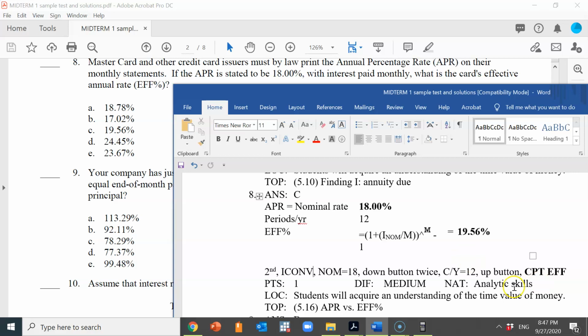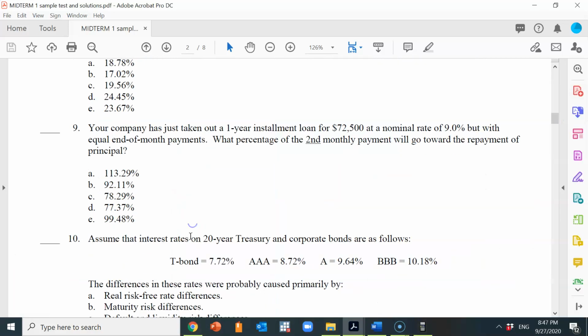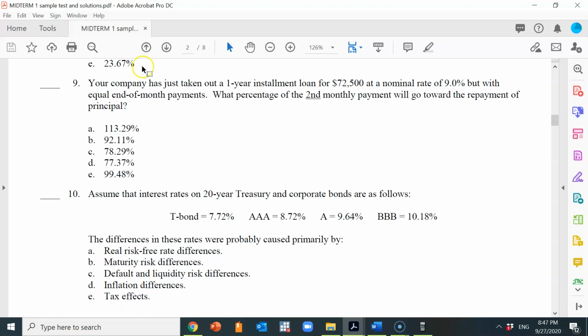There are 2 ways to solve for this question. Number 9: your company has just taken out a 1-year installment loan for $72,500 at a nominal rate of 9%, but with equal end of month payments. What percentage of the second monthly payment will go toward the repayment of principal?